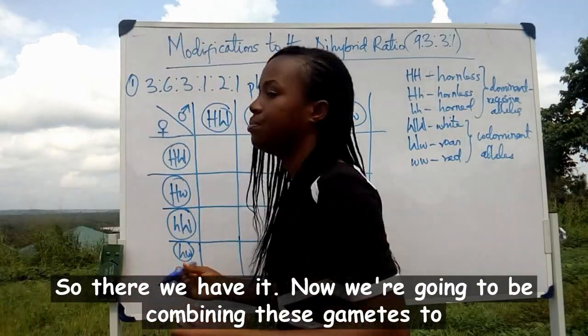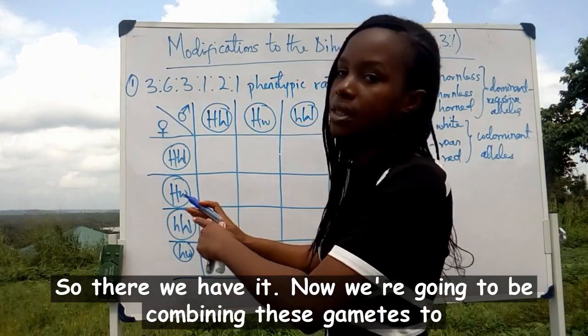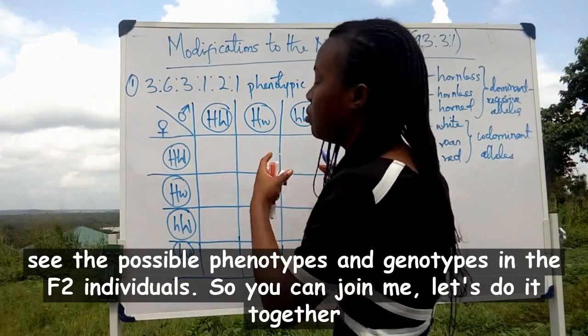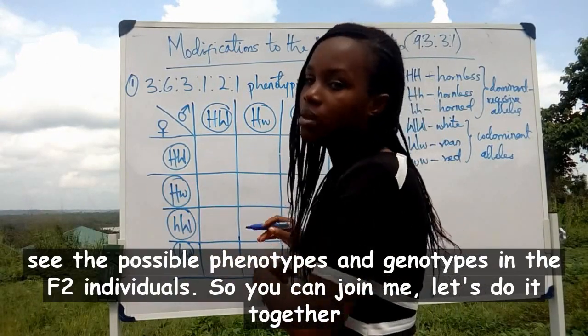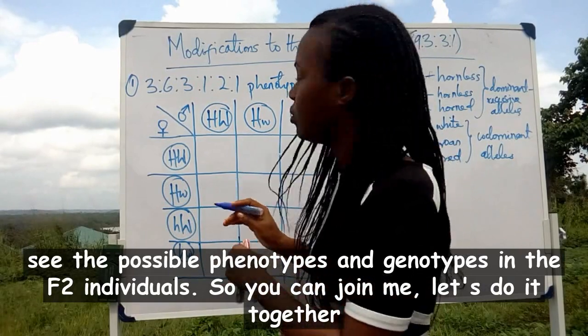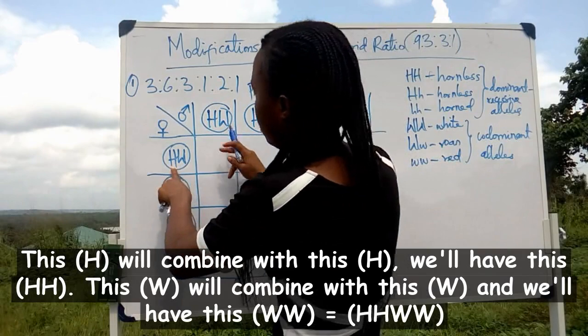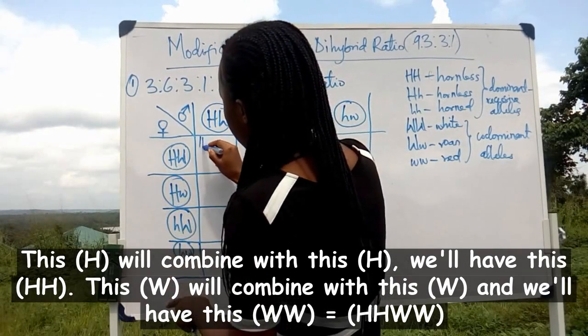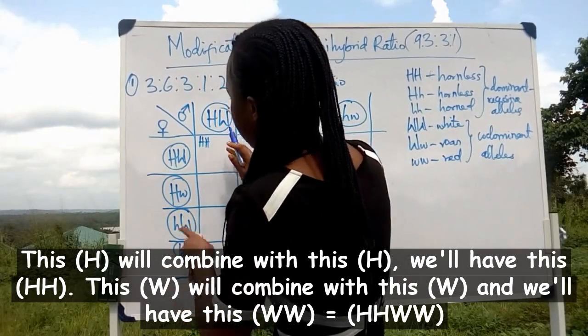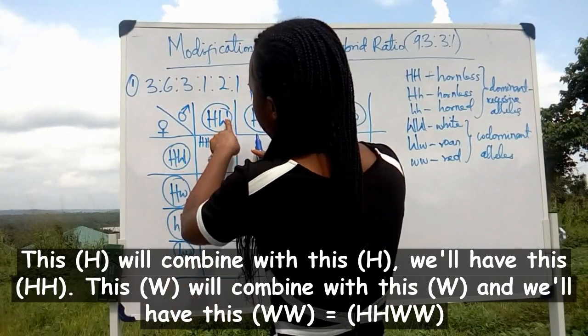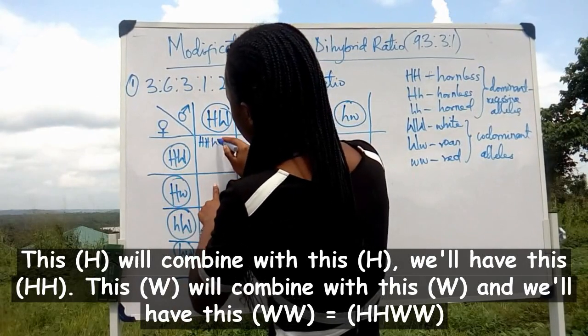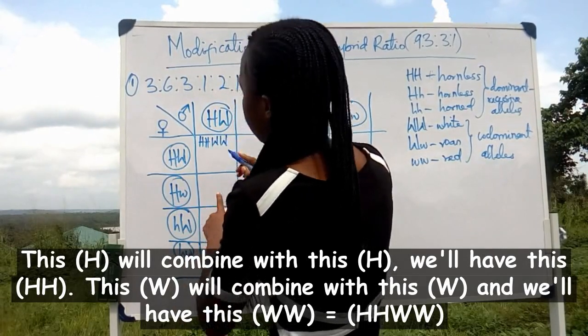Now we are going to be combining these gametes to see the possible phenotypes and genotypes in the F2 individuals. So you can join me. Let's do it together. This will combine with this, we have this. This will combine with this, we have this.